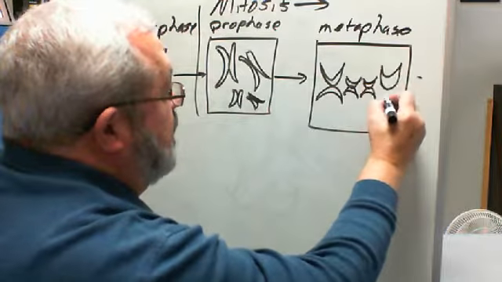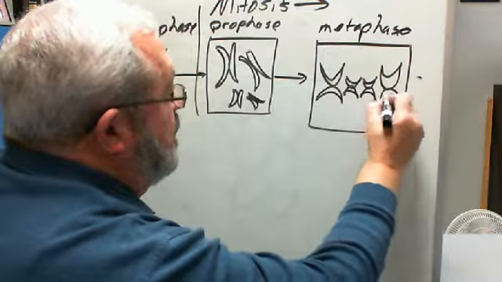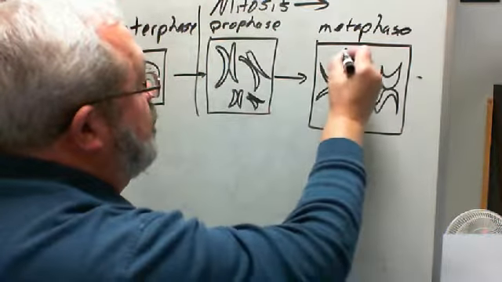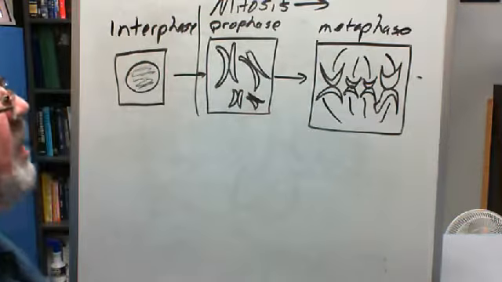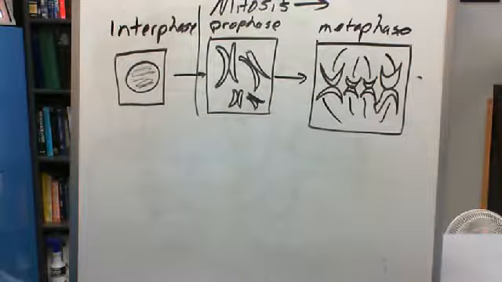And so just to show that they're not in any particular order, I'll put these spindle fibers in. We'll make them long, short, short, long. So they're at the equator of the cell.